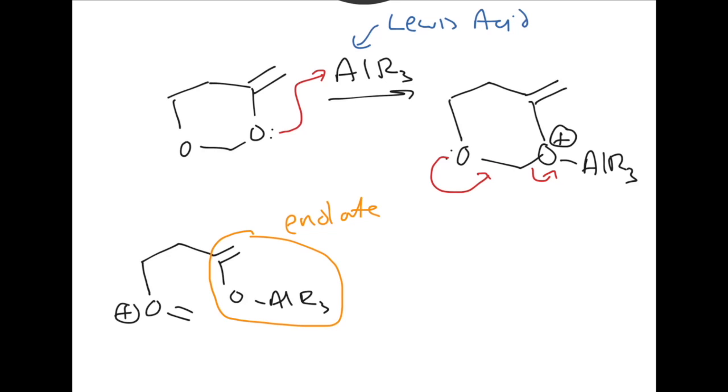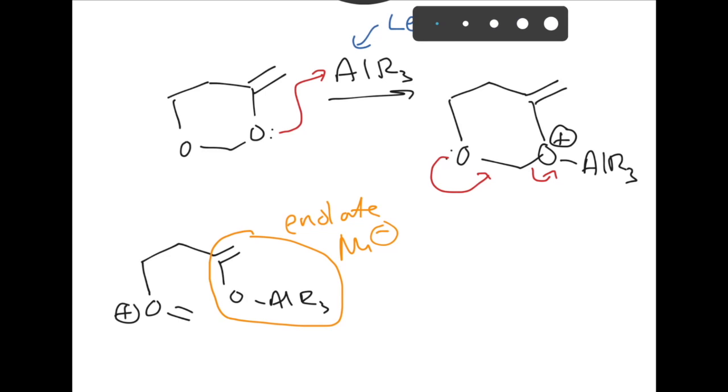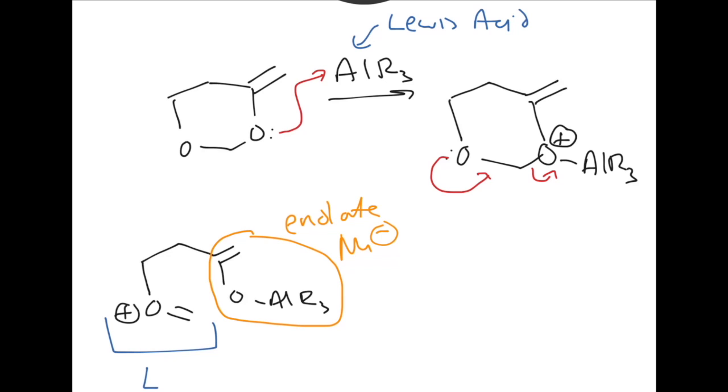If I were to break that oxygen off the metal, the oxygen would have a negative charge. So this is like an enolate. And now I have basically a nucleophile in my molecule, and I have an electrophile in my molecule.